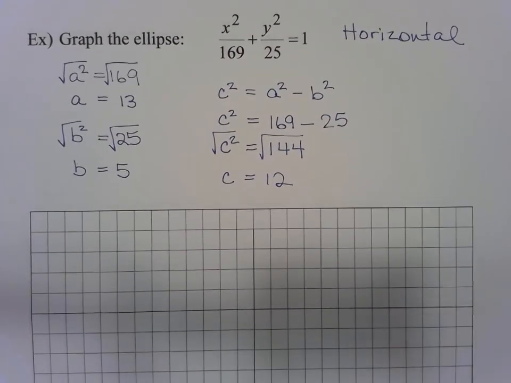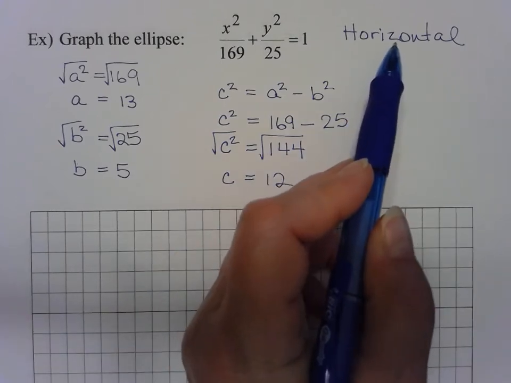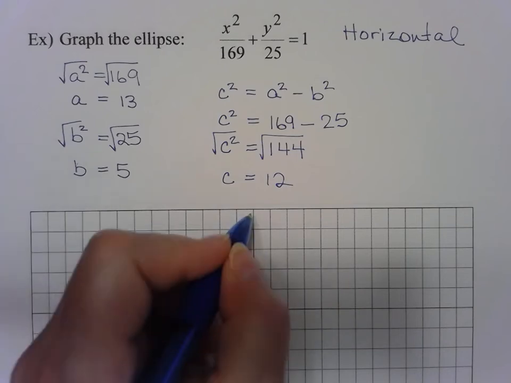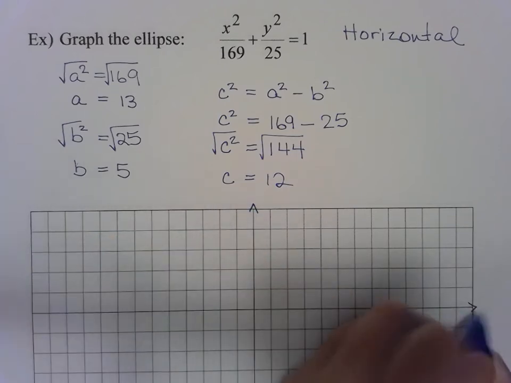All right, so I've given us a grid here. So this one, like we said, we're just going to worry about graphing ellipses that are centered at 0, 0 for the moment. So because we're horizontal, we're going to measure 13. Here's my axis right here.